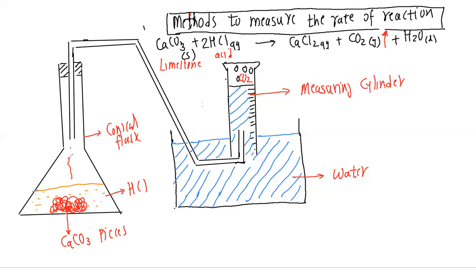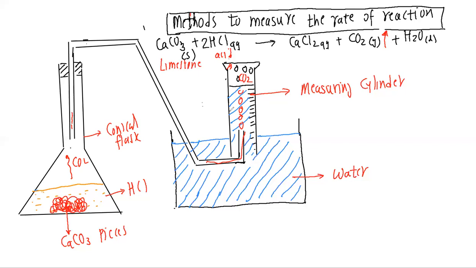Here comes the CO2, and it will pass through this tube and finally reach here. Then it will get bubbled through this water and start coming into this phase. As more and more CO2 is produced, it will start pressurizing this and pushing down the water, and you can measure from the measuring cylinder how much volume of CO2 is getting produced.